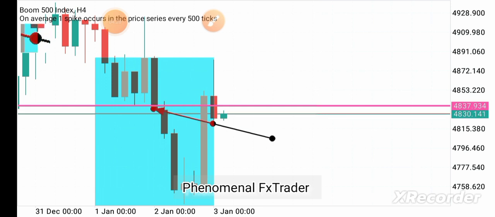You can see now on the 4-hourly time frame, this is a bearish engulfing candlestick pattern, which gives you more confidence that this market is going to sell. Guys, I hope you understand.